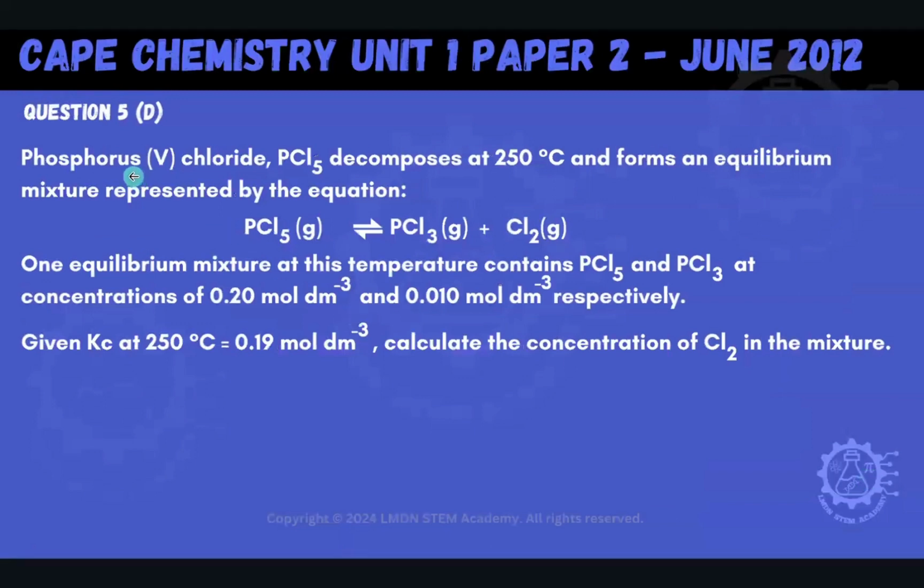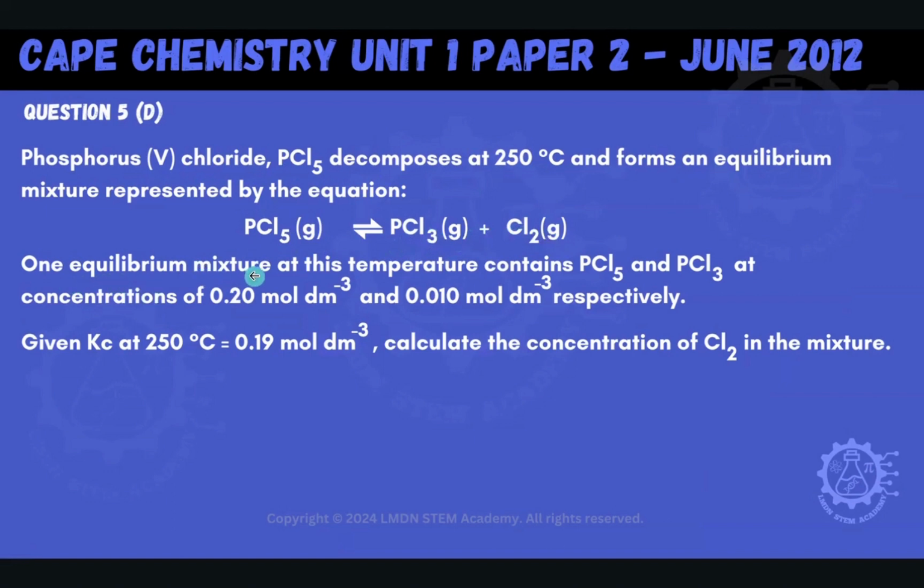So part D says phosphorus pentachloride, which is PCl5, decomposes at 250 degrees Celsius and forms an equilibrium mixture represented by the equation, which shows PCl5 gas being decomposed into PCl3 gas and Cl2 gas. Okay?